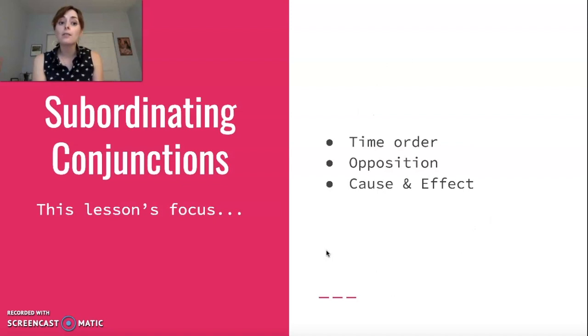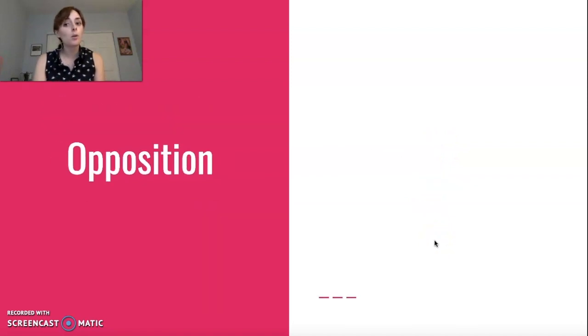So there's a lot of different subordinating conjunctions and a lot of different subordinating conjunction functions, which I just mentioned on the previous page, but today we are just going to focus on time order, opposition, and cause and effect. Okay, so let's look at opposition first. So the word opposition, as you probably already know, it means opposite, right?